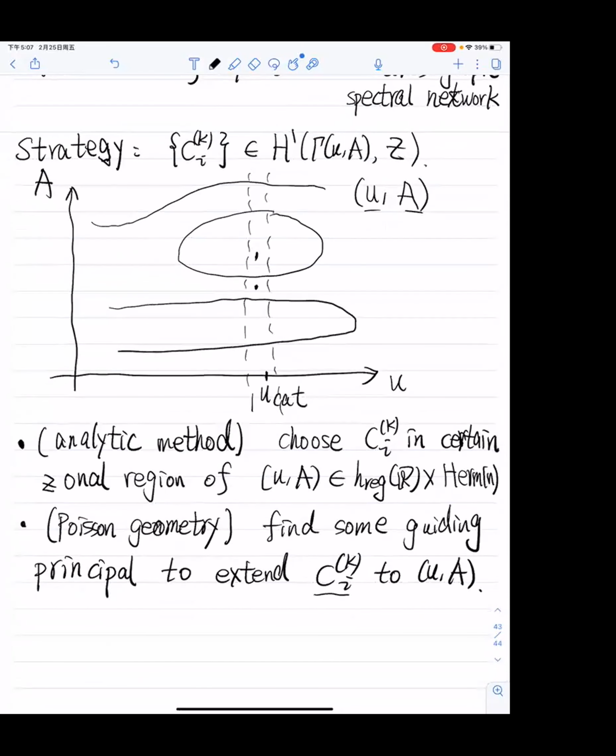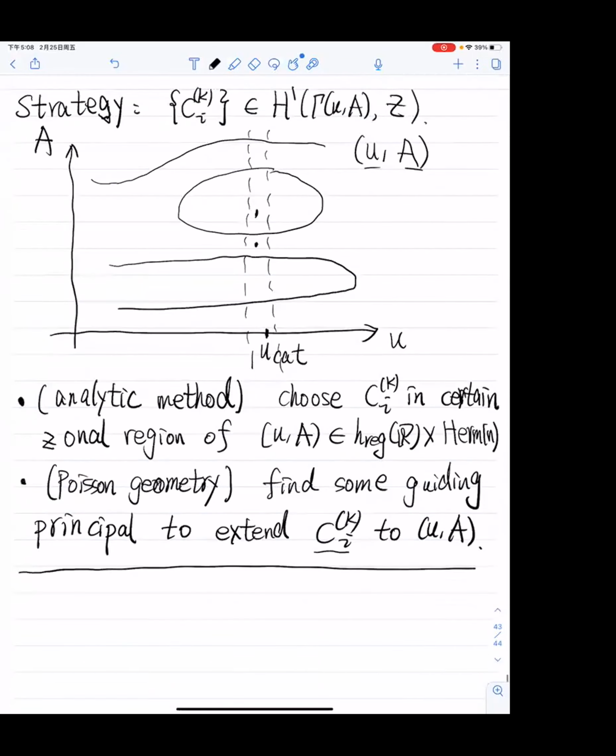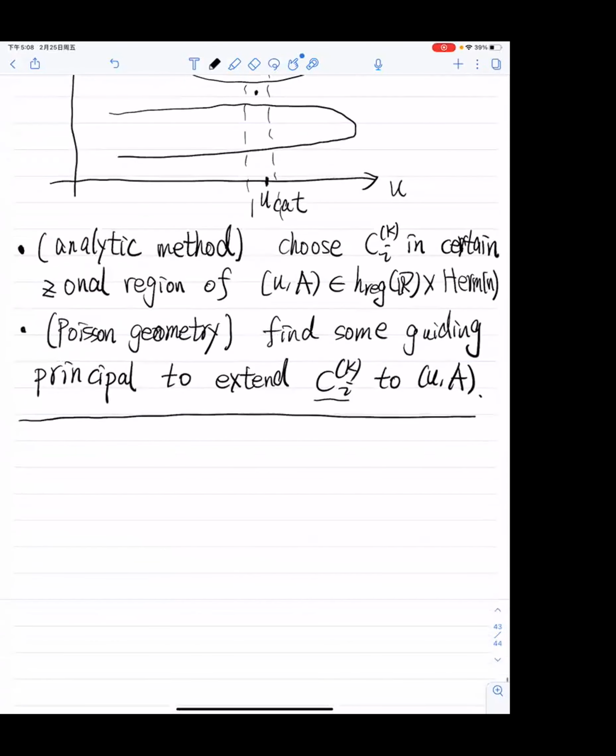So now, in the following, I'm going to first tell you how to choose and how to prove this conjecture in some special point U-cut.